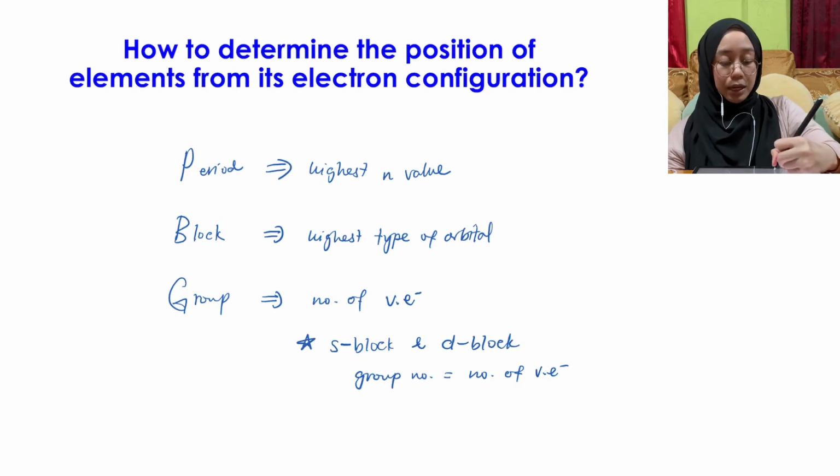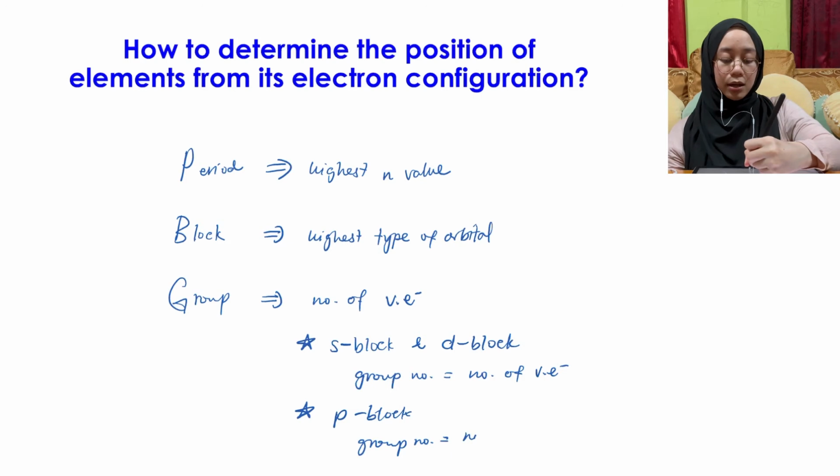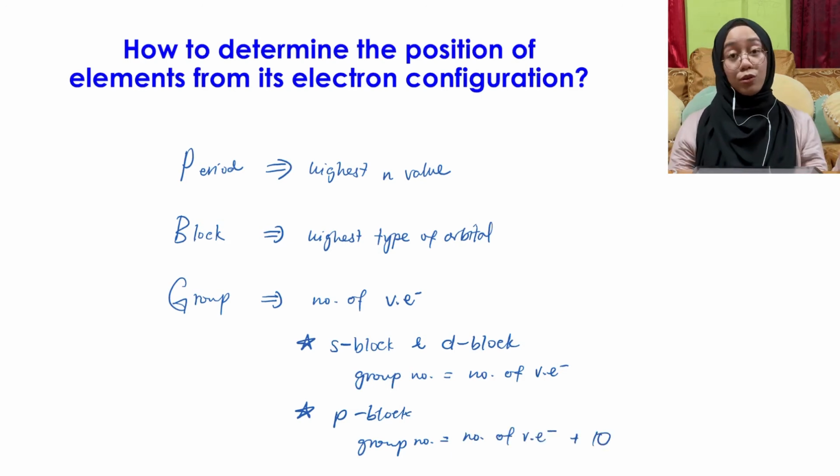Okay, tapi kalau dia adalah P block, the group number adalah bersamaan dengan number of valence electron tambah dengan 10.